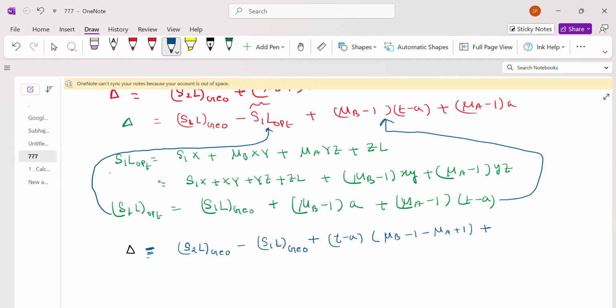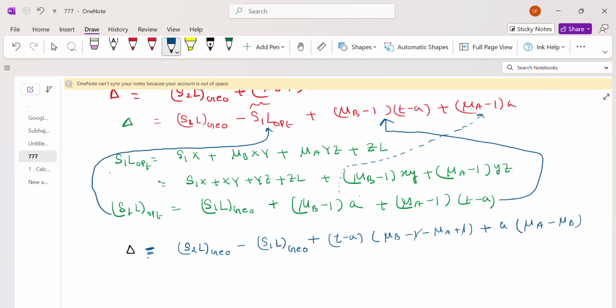Similarly, if I collect these other terms and take a common, with a minus sign since I have to subtract, this will be a into mu a minus mu b.